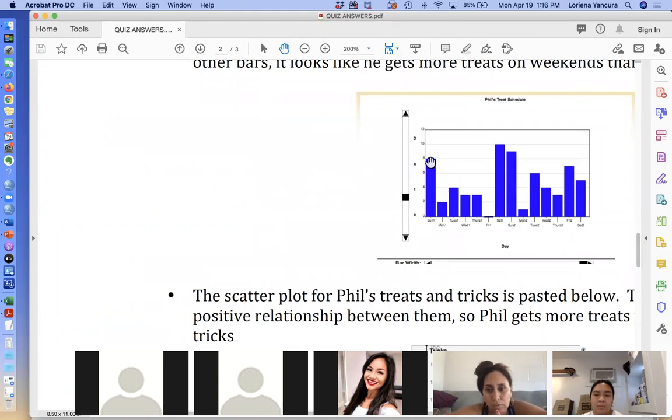You can just easily graph that. You got 8 tricks on Sunday, 2 on Monday, 4 on Tuesday, 3 on Wednesday, 3 on Thursday, et cetera. Friday, I guess, was a bad day for that poor little guy. But you can see just by graphing that he gets more treats on the weekends.